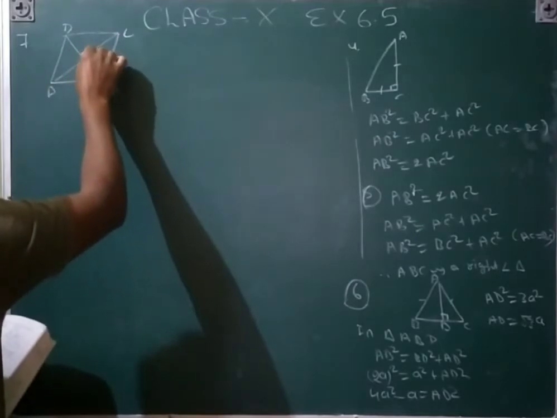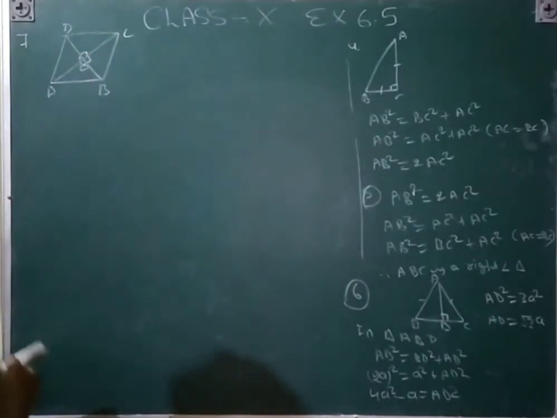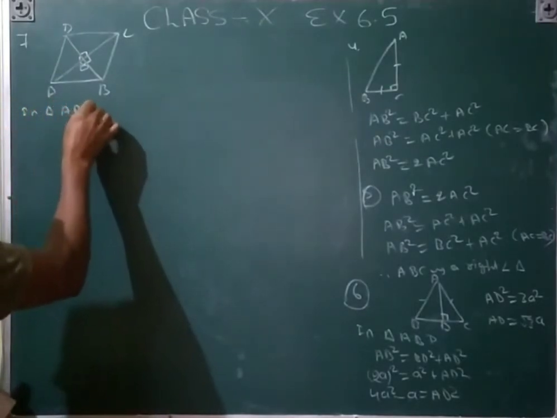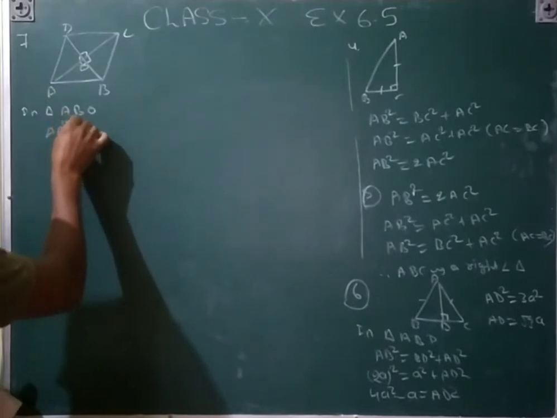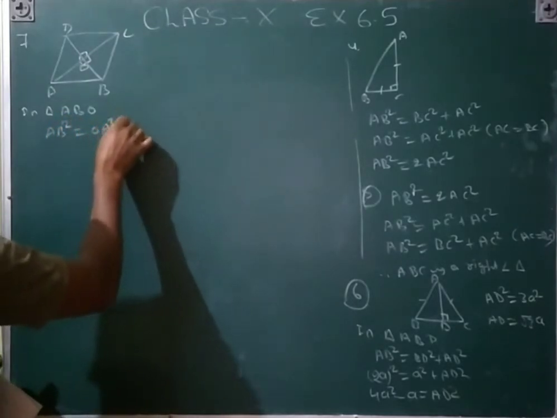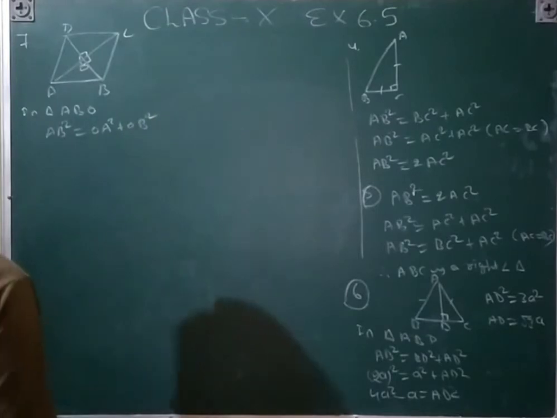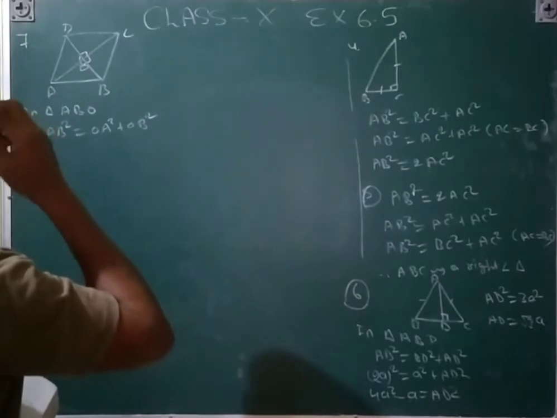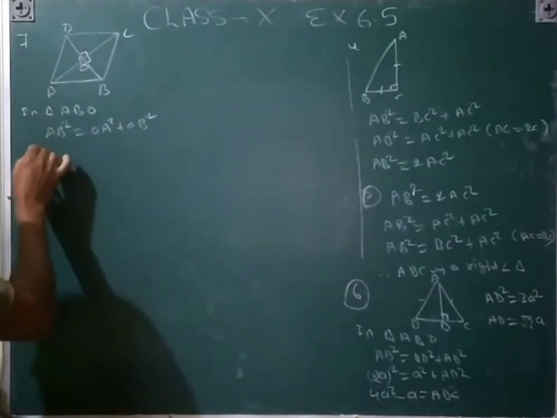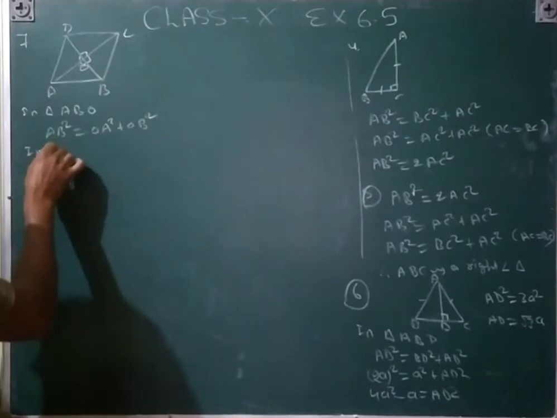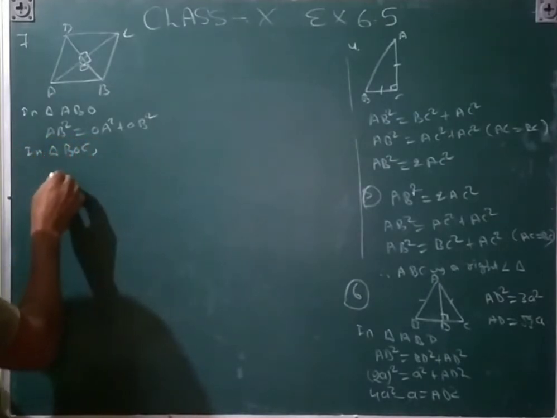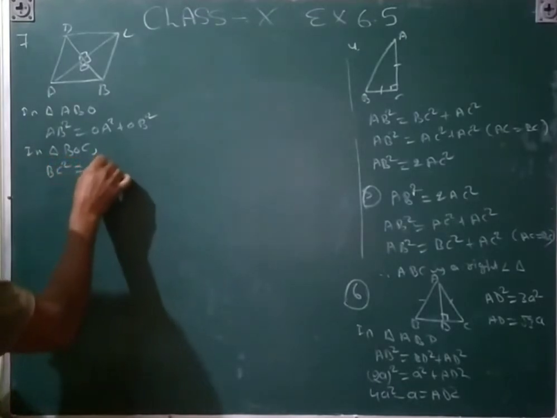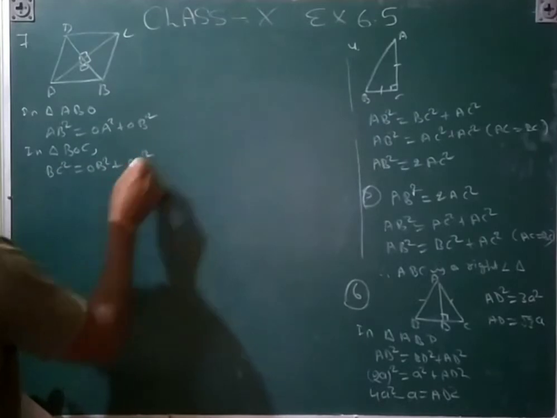In a rhombus, we know the diagonals bisect each other at 90 degrees. So in triangle ABO, AB square is equal to OA square plus OB square. Similarly in triangle BOC, BC square is equal to OB square plus OC square.